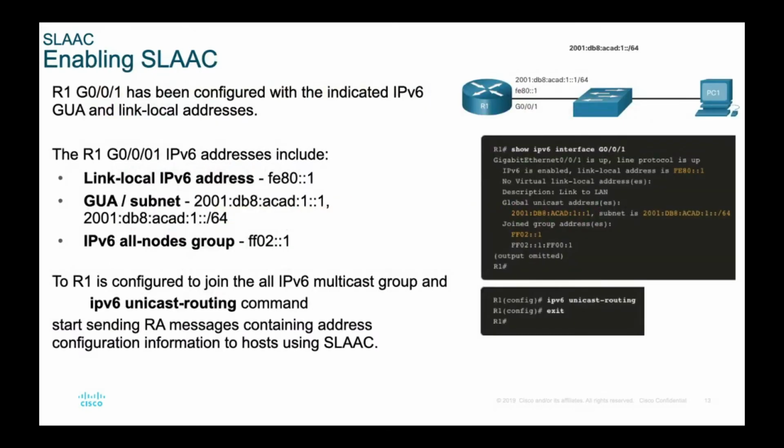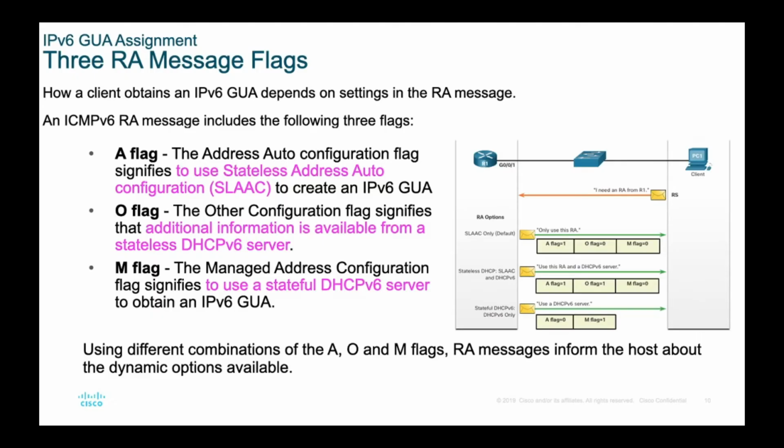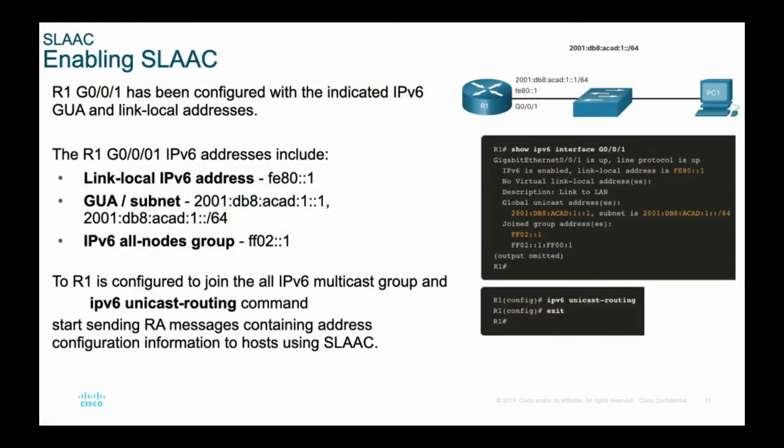So how do we enable SLAAC? As I said earlier in this slide, every interface that has been configured and turned on will provide the info for configuring our client automatically, which means they already enable SLAAC. In order to enable SLAAC, you must do IPv6 unicast routing.